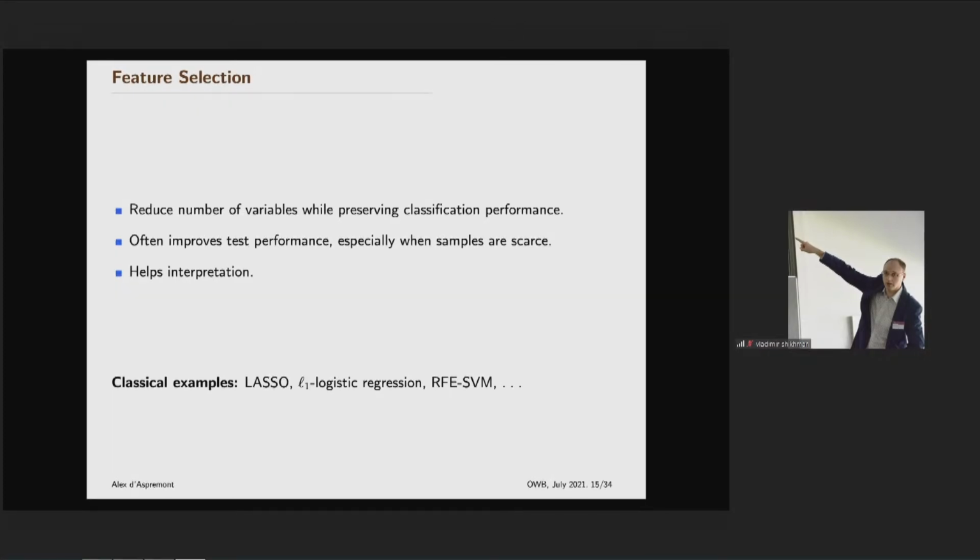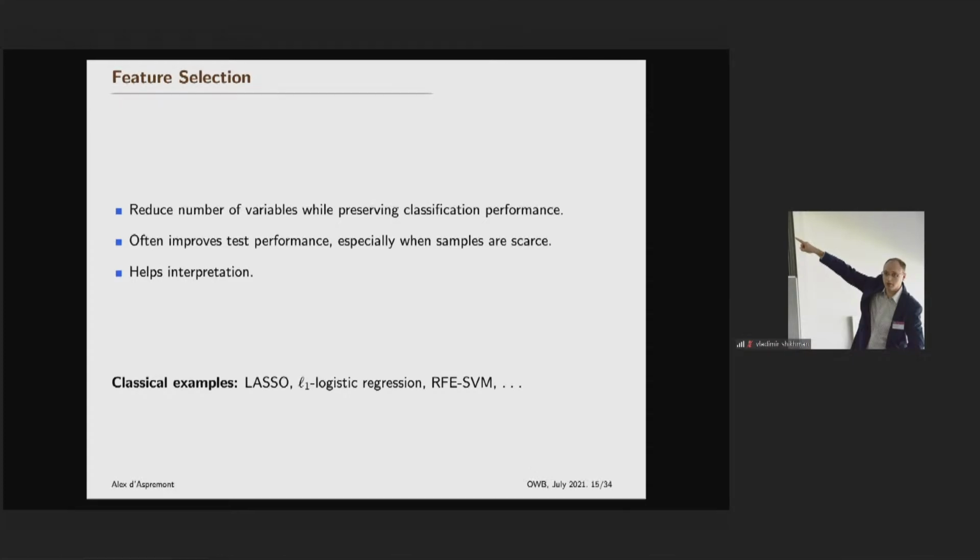So when you get rid of them, the performance improves. But it's also important because it helps interpretation. And so if you can preserve most of your classification performance with a very, very small number of variables, this makes the results a lot more actionable and easier to understand. You get a lot more structure out of your problem.